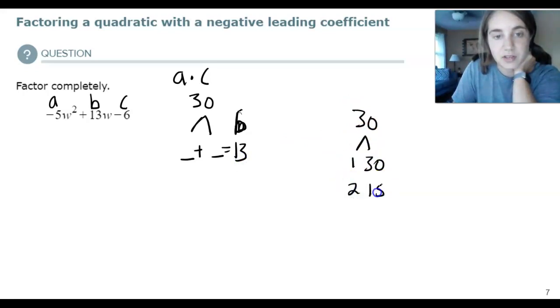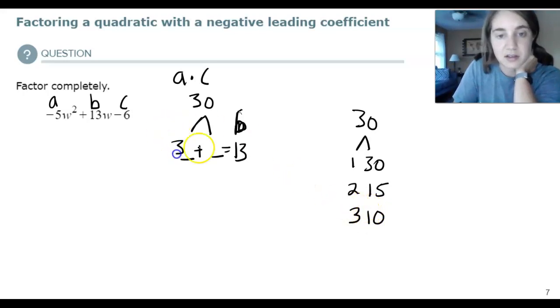1 and 30, 2 and 15, 3 and 10. Okay, 3 and 10. So I'm rewriting.